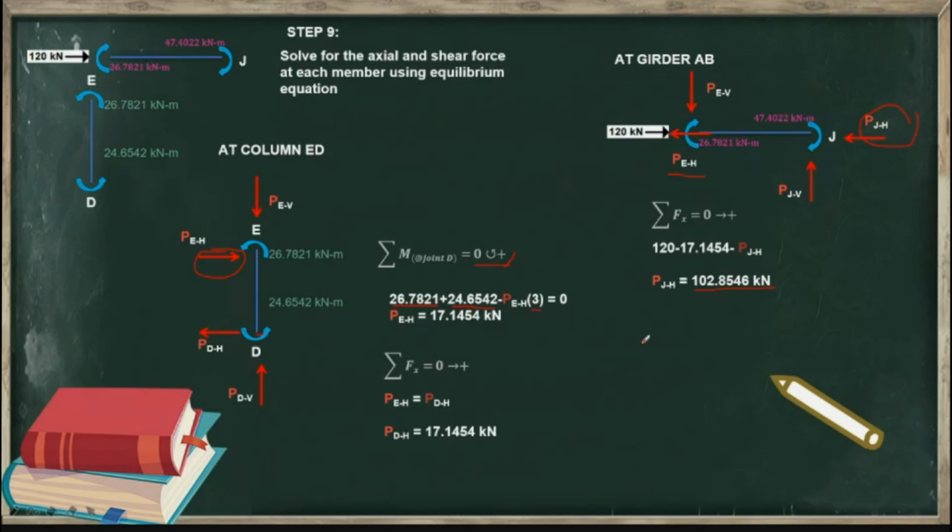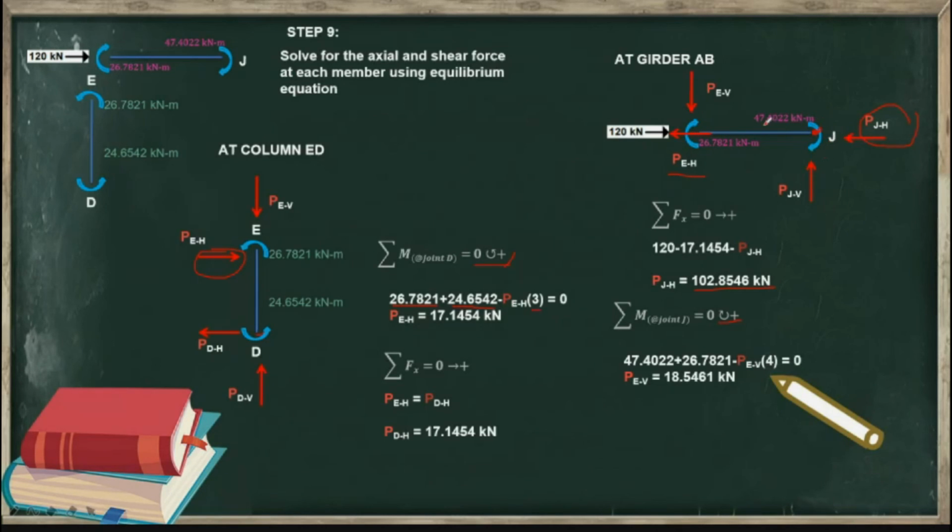So next, proceed tayo. Ang gagawin natin is magmo-moment tayo. And dito naman, clockwise naman ulit ang positive natin. Kung kanina, tignan mabuti yung mga rotation natin na kung ano yung i-assume natin na positive value. So dito, clockwise natin is positive. At magmo-moment tayo dito kay point J, joint J. So we have two moments, mga girder end moments natin.